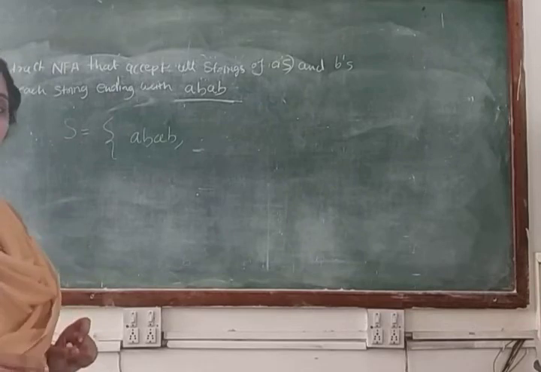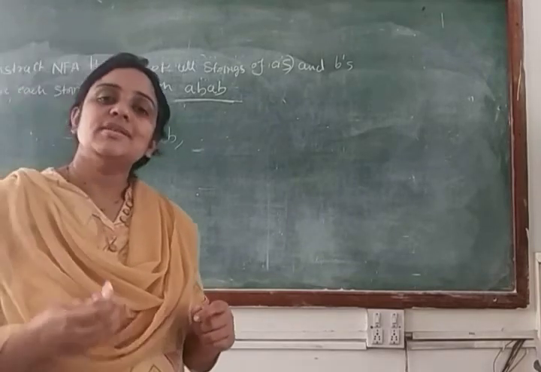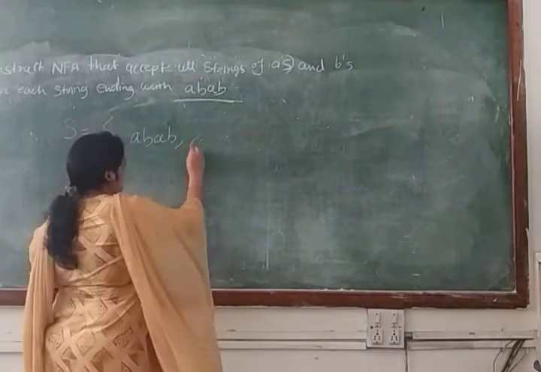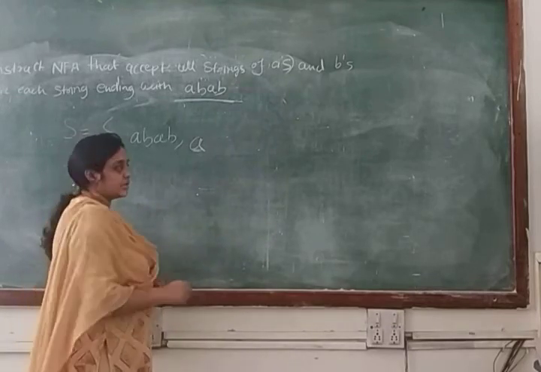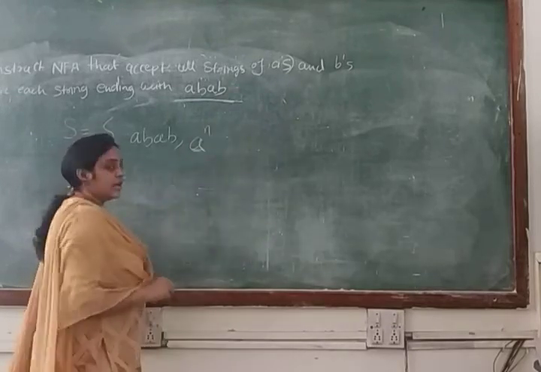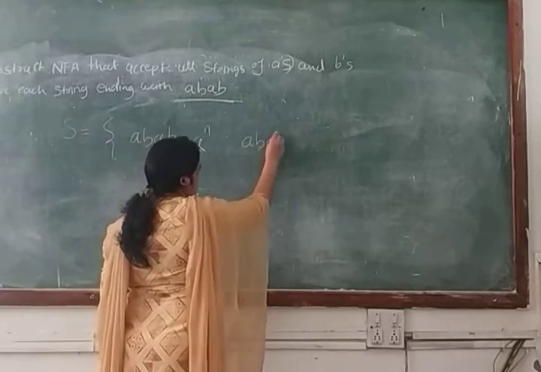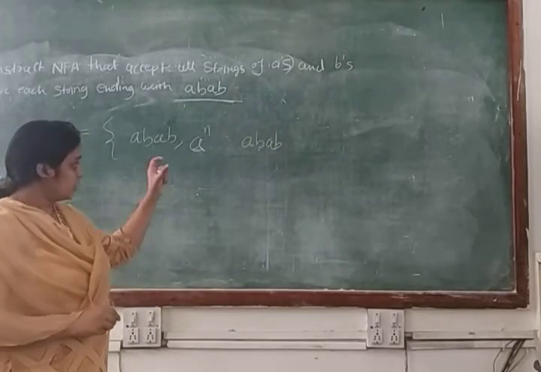That means your string can start with A, and it can also start with B. If your string starts with A, you can have any number of A's, so we will write A raised to n and then ABAB.